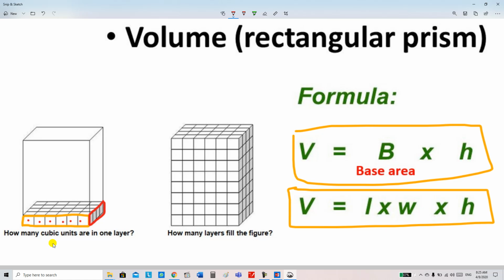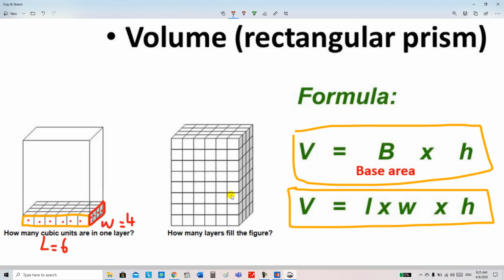So we have length equal 6 units, and we have width here equal 1, 2, 3, 4 units. And as we studied before, this is one layer.